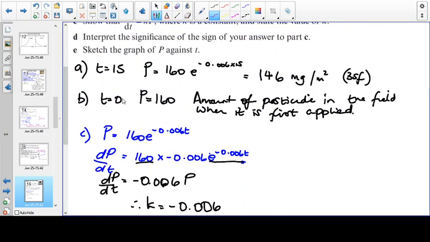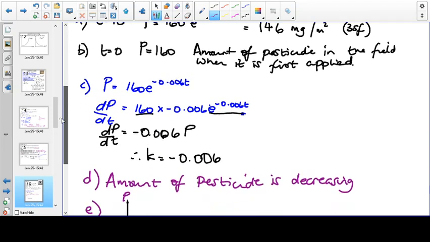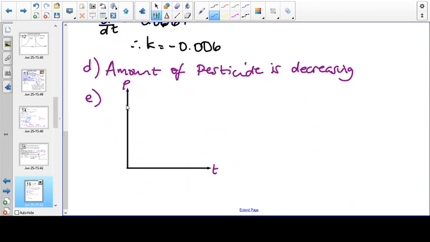When t equals 0, p is 160. So when t equals 0, p is 160. And then it's just going to go like that sort of shape. Okay, obviously not across the axis. It converges to the axis.